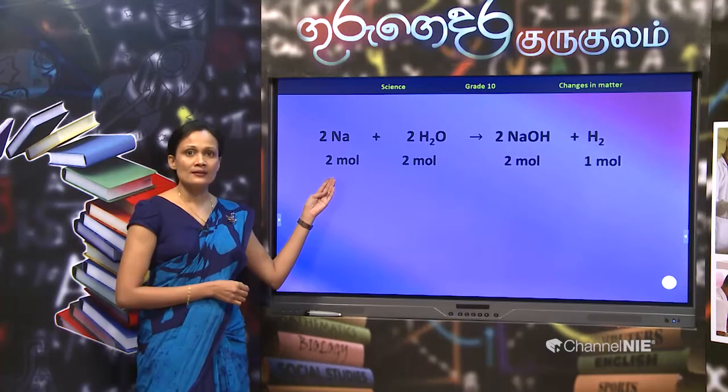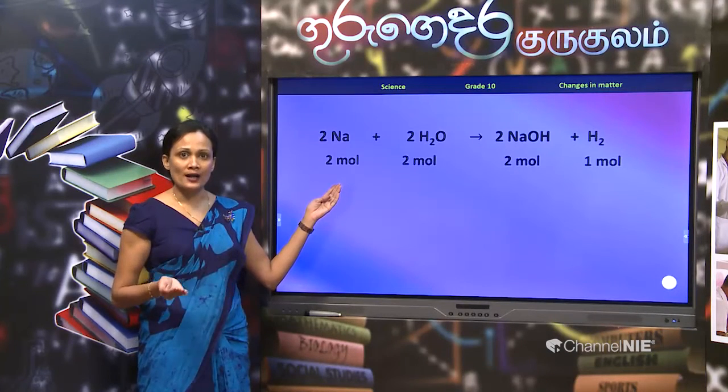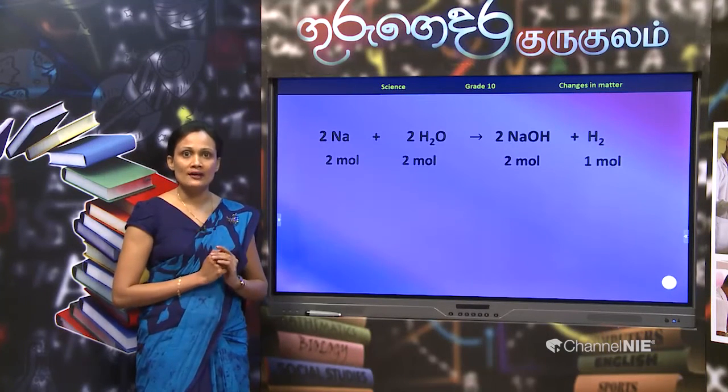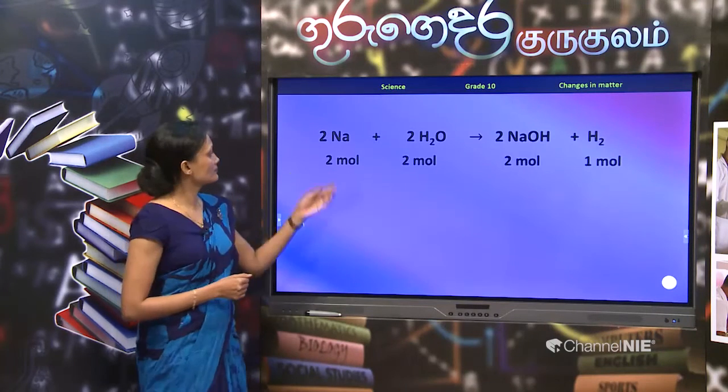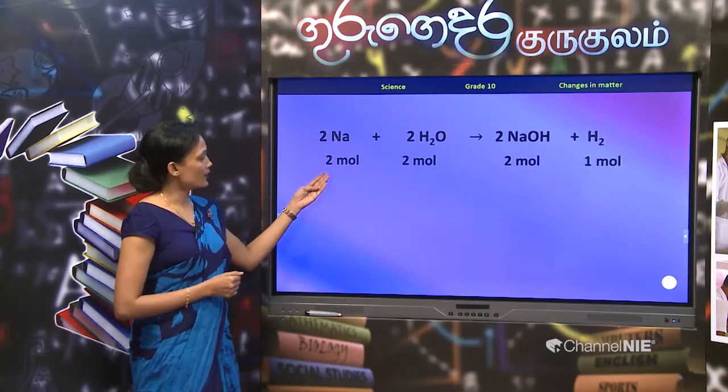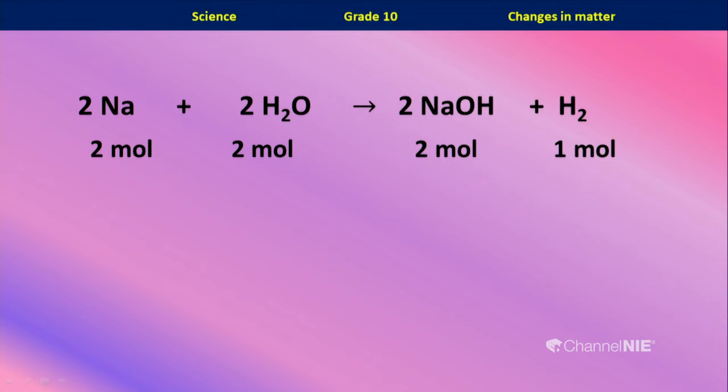According to the balanced chemical reaction, we can find the number of moles which are reacted to make the products. 2 moles of sodium, 2 moles of water, 2 moles of sodium hydroxide, and 1 mole of hydrogen.